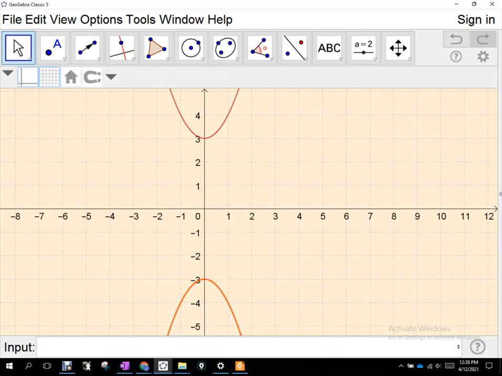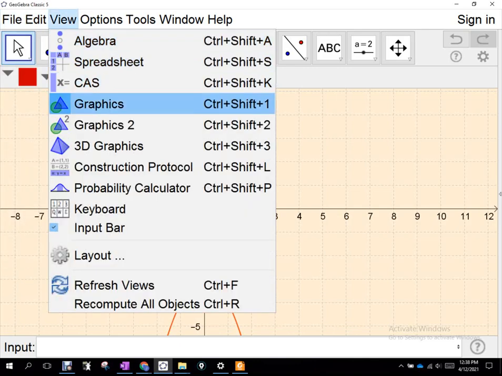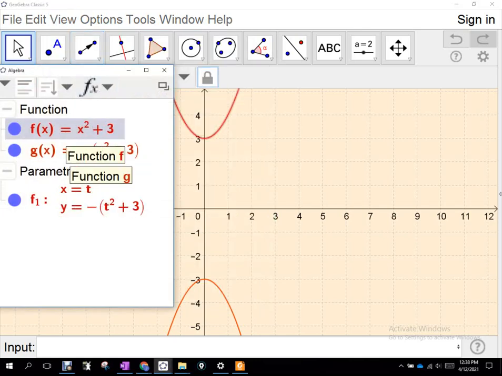So if I have an algebraic function, and this is the connection that hopefully gets established with you when you get to Algebra 2. If you have an algebraic function, x squared plus 3, which is this one right here, and you want to reflect it across the x-axis for whatever reason, all you do is multiply the entire thing by a negative, because this is a rule that creates your y values, right?